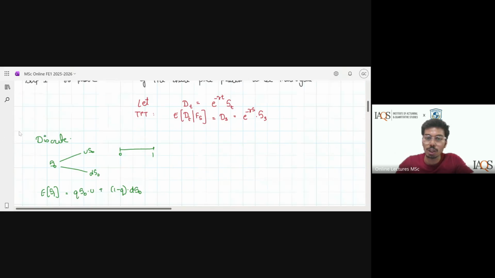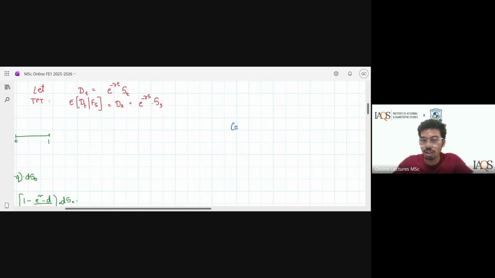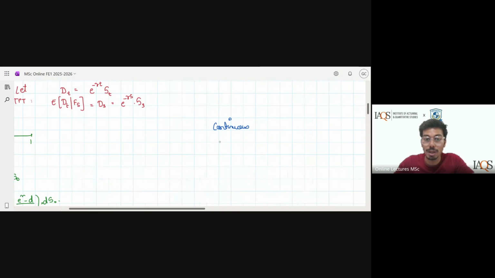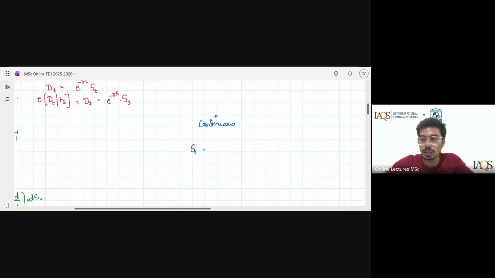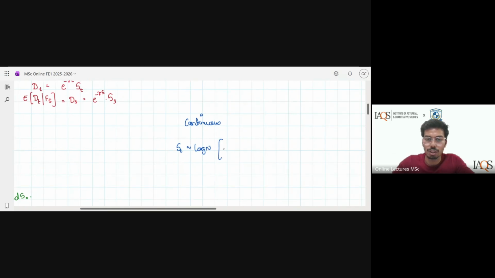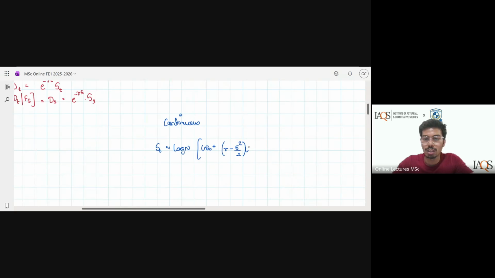Under the continuous case, I don't have a binomial model framework, because under continuous, there's no binomial model or discrete time step. I know under continuous, ST follows, let's write the distribution directly, a lognormal distribution with parameters log of S0 plus (r minus sigma squared by 2)t, comma, sigma squared t. Everyone knows this now from the share price process.